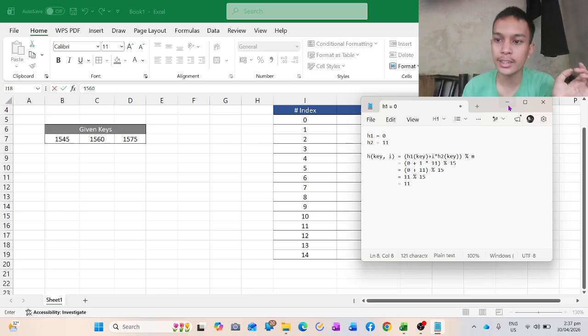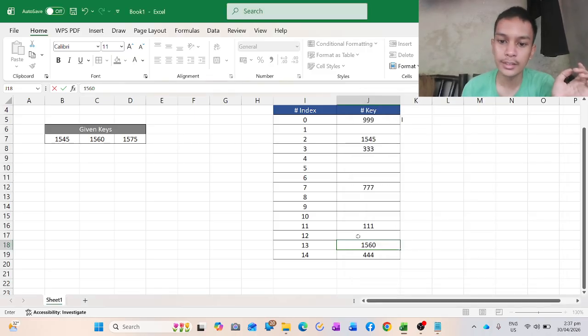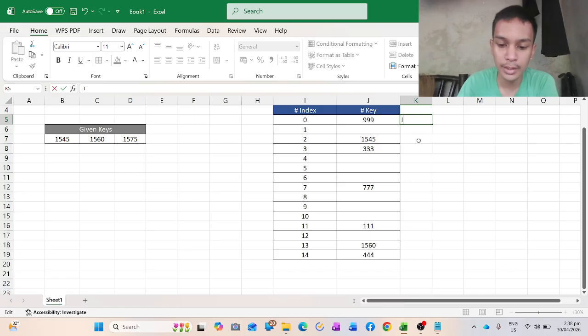And since 11 is already occupied, there's going to be another collision.